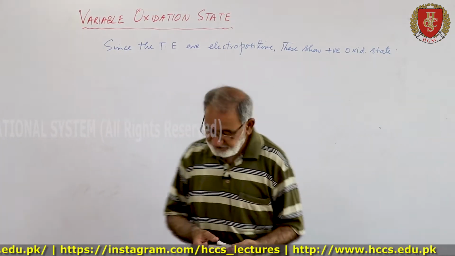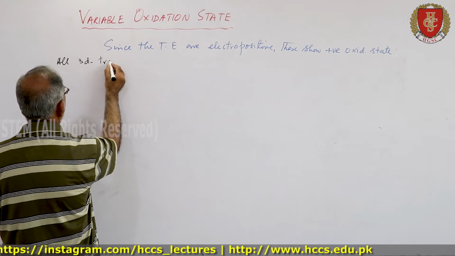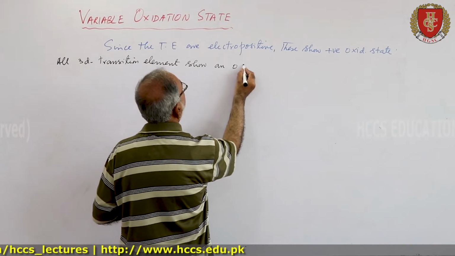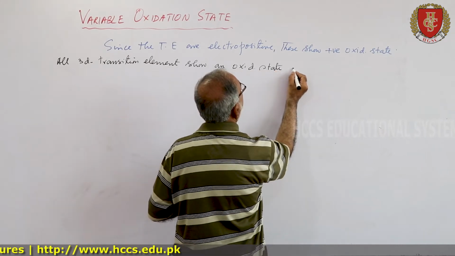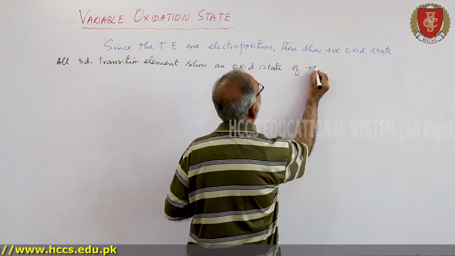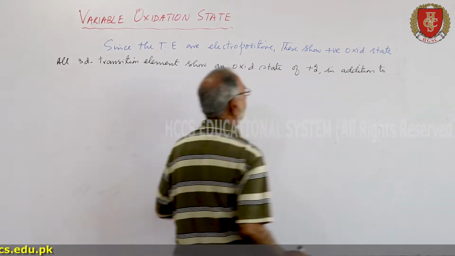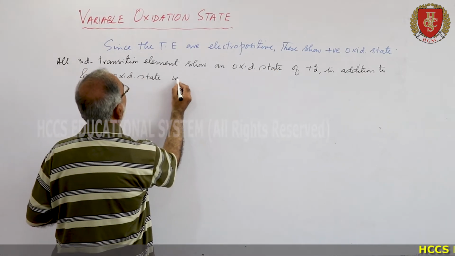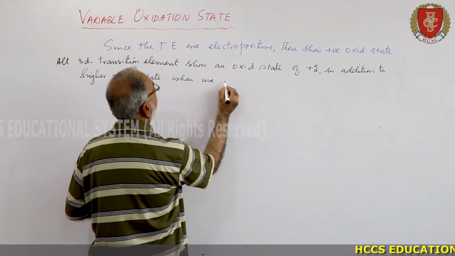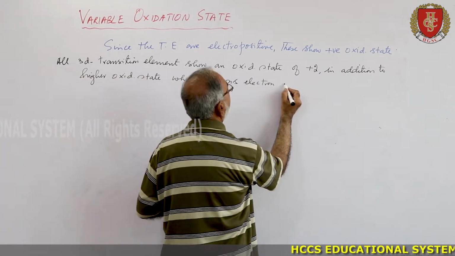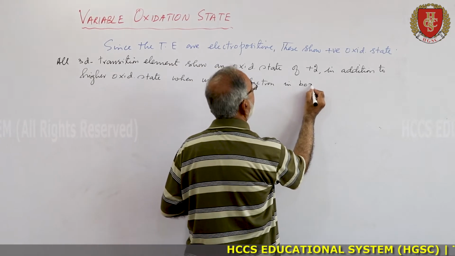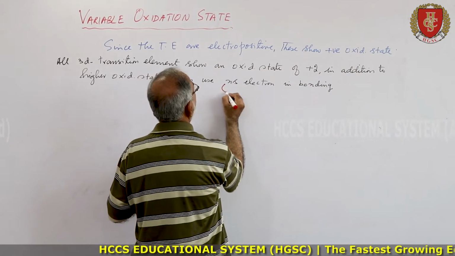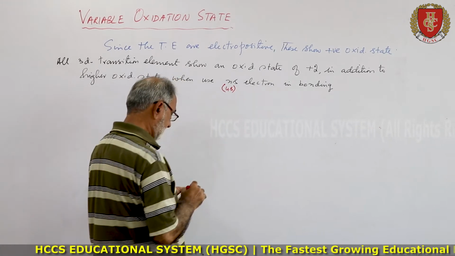All 3d transition elements show an oxidation state of +2, in addition to higher oxidation states when they use ns electrons in bonding. Here ns means the 4s orbital.